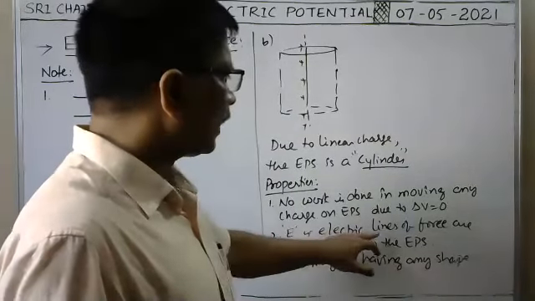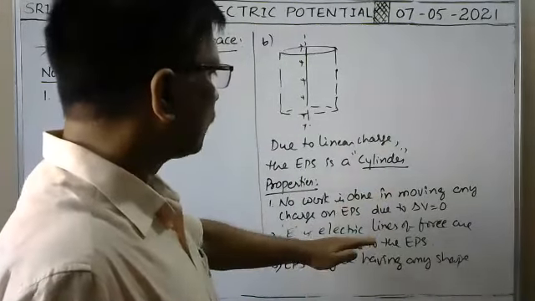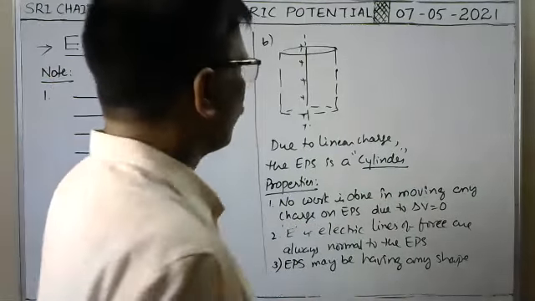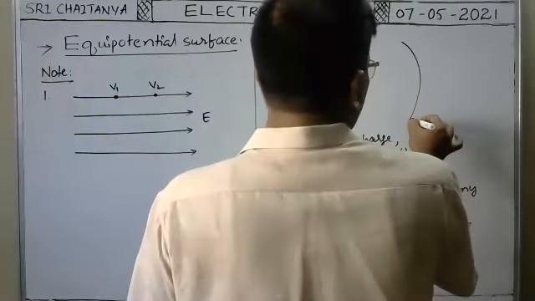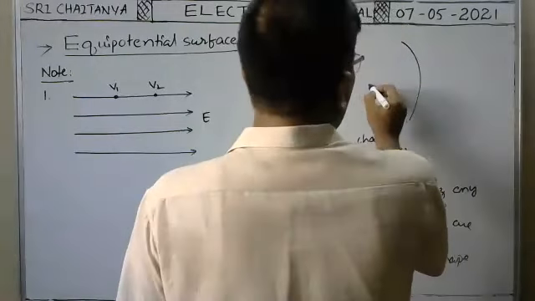Okay, somebody else asked me the second point. Intensity of electric field or electric lines of force are always normal to the equipotential surface. Suppose it is the equipotential surface due to a point charge.